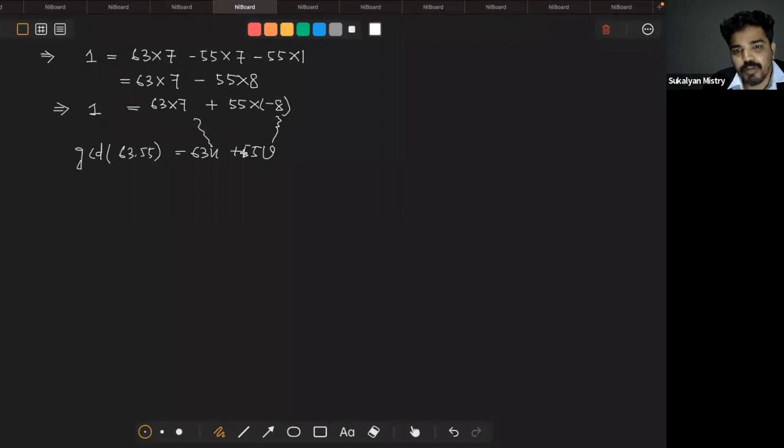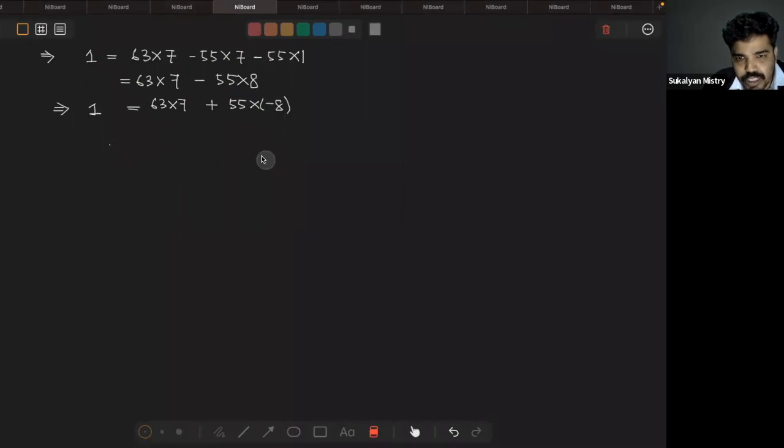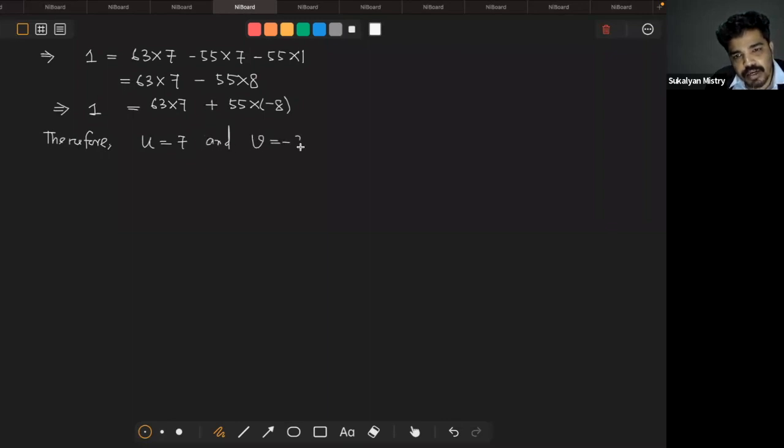The coefficient of 63 is u and the coefficient of 55 is v. So therefore u is equal to 7 and v is equal to minus 8.